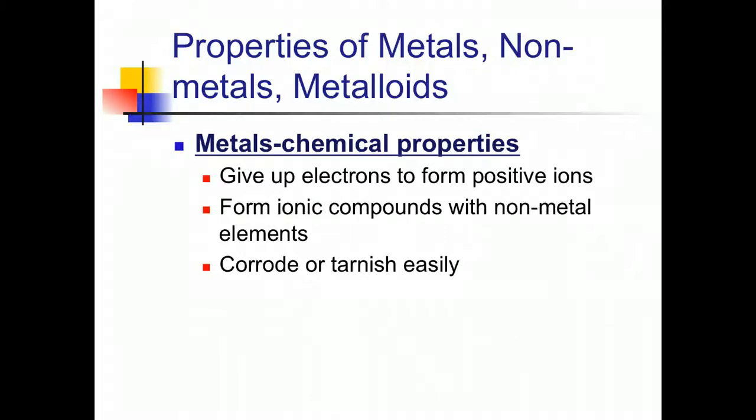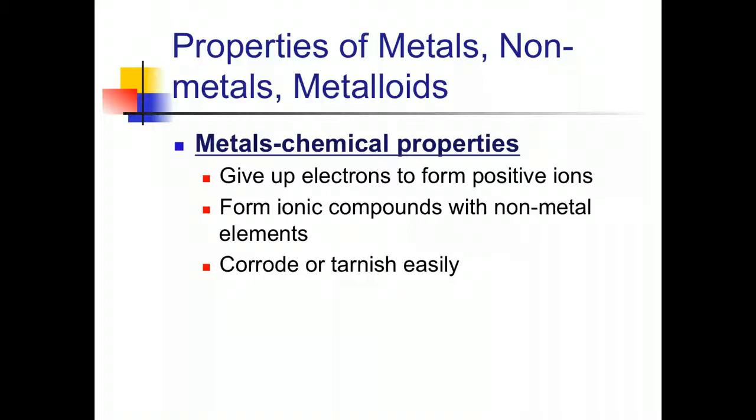Metals are going to form what we call ionic compounds with non-metal elements. You don't need to know what an ionic compound is. You just need to know that metals, when they come together with a non-metal, form ionic compounds. Metals also have the ability to corrode and tarnish easily.